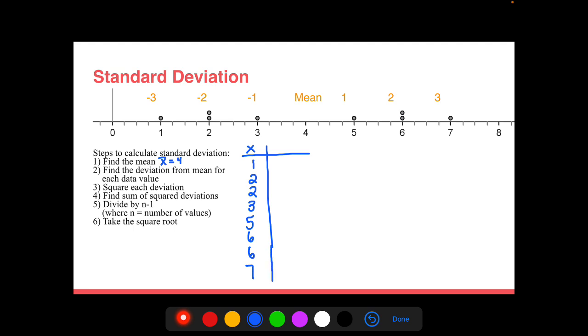And then we have the difference between our observation and the mean. So we're going to call that x minus x bar. So this would be 1 minus 4, which is -3. Then it'd be 2 minus 4, which is -2.